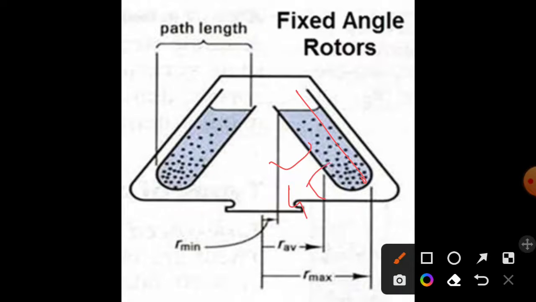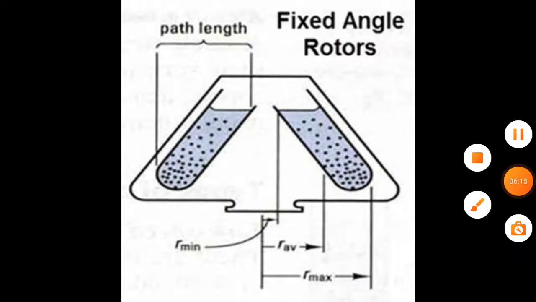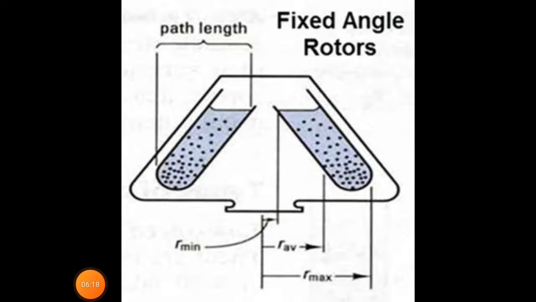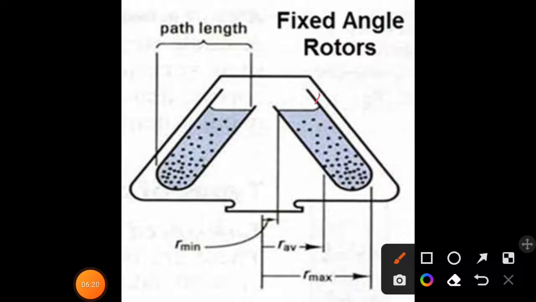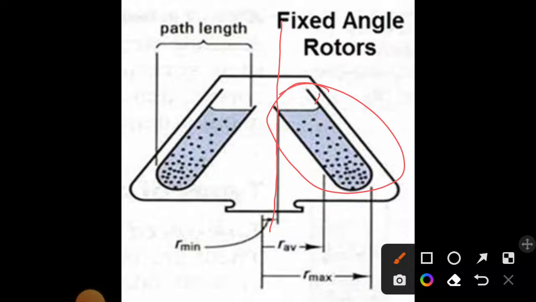Sorry, not 45 degrees centigrade. Here we are holding the tube at a 45 degree angle in relation to the axis of the rotor. That means our tube is at a 45 degree angle with the axis of the rotor. That is the idea of a fixed angle rotor.